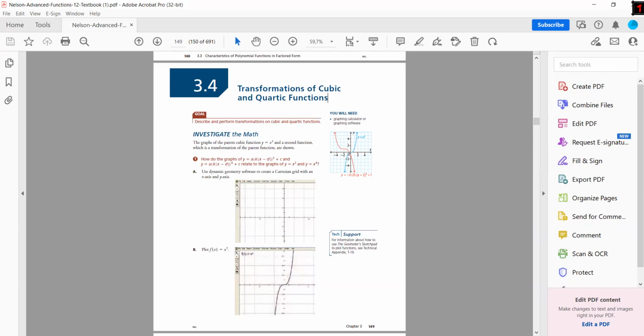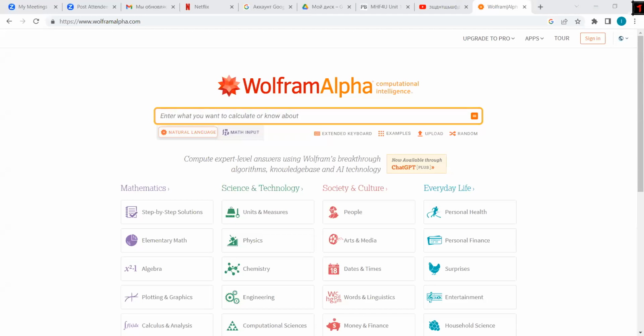Just give me a second. Just so you know, there is a great software that can help you to investigate properties of graphs and sketch them easily. It's called Wolfram Alpha.